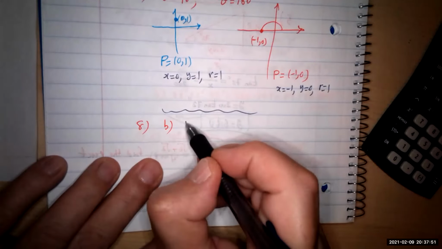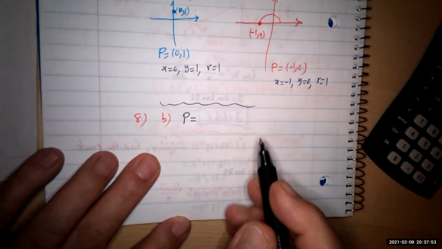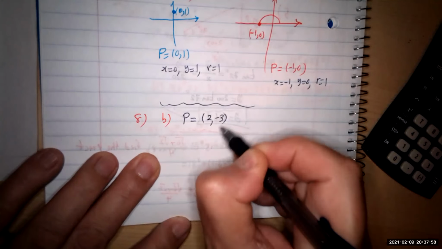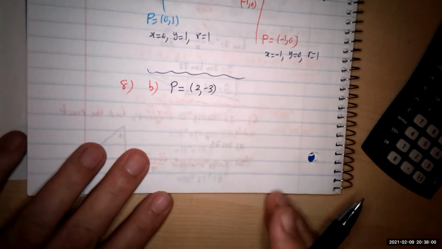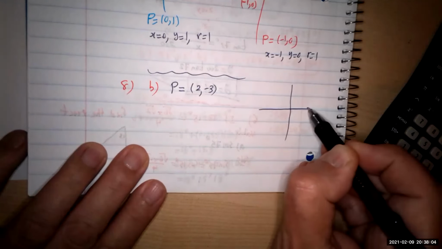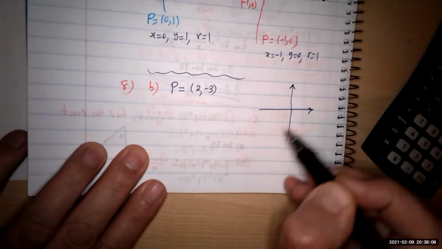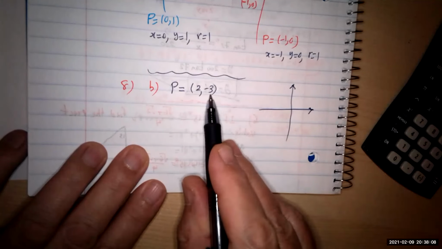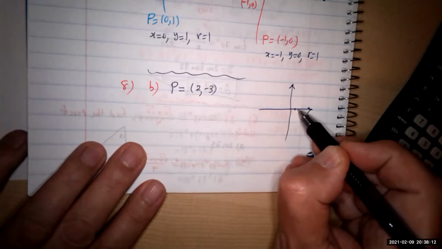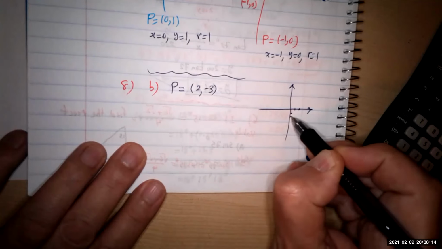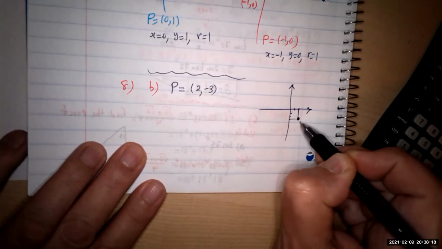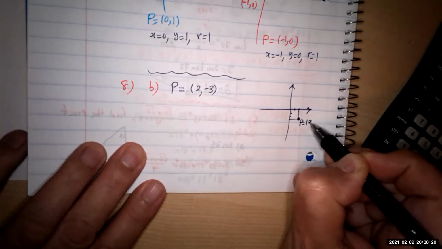The point P is equal to (2, -3). This is your point. X is equal to 2, and Y is -3. So we are in the fourth quadrant.